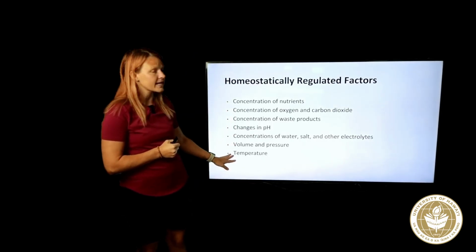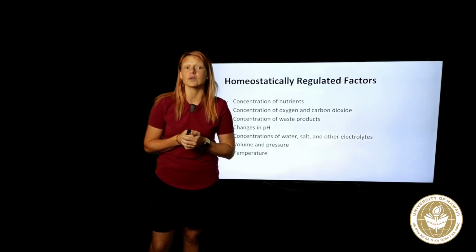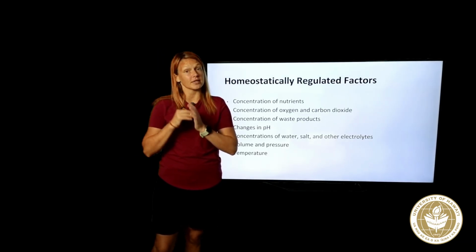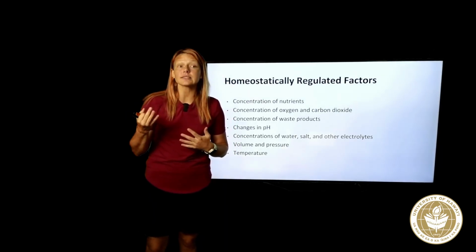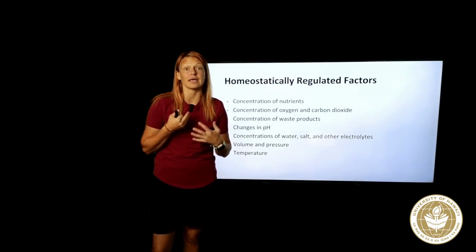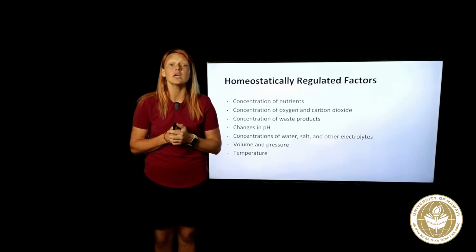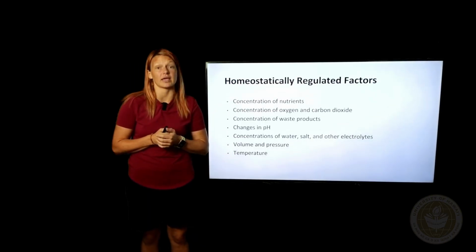And last, temperature. So body cells are going to function within a narrow temperature range. If the cells are too cold, functions slow down. If they get too hot, then the structural and enzymatic proteins can be impaired or even destroyed. So all of these different factors are going to be homeostatically regulated.